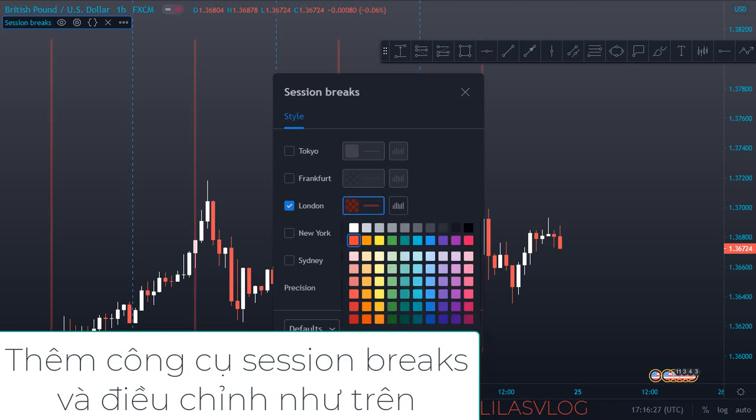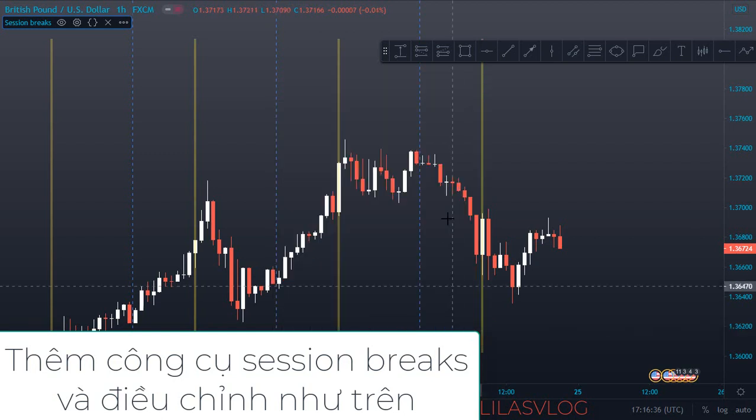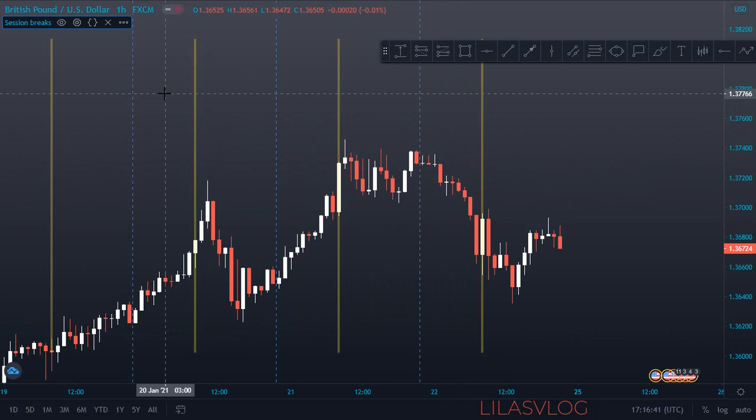Let's click on it. Alright, I don't like this color, so maybe white or yellow. Alright, so what you are seeing on the chart, you can see these yellow lines.